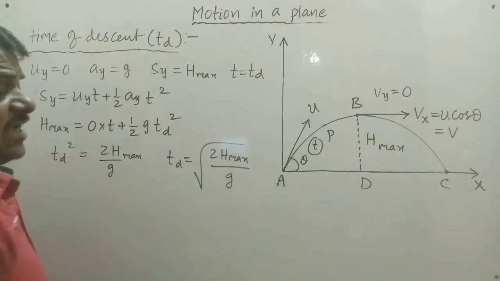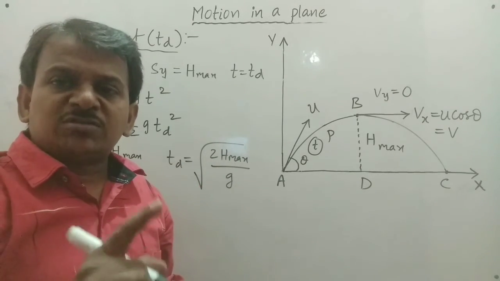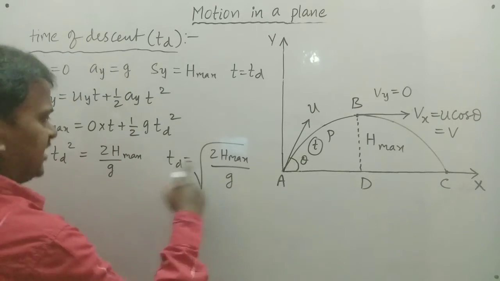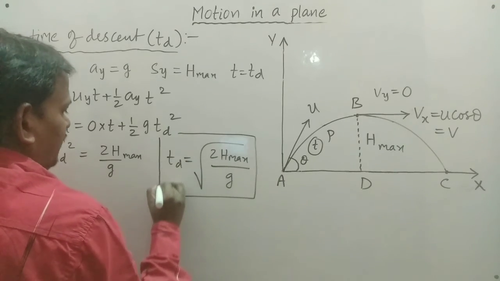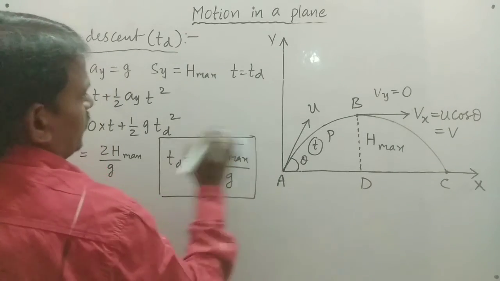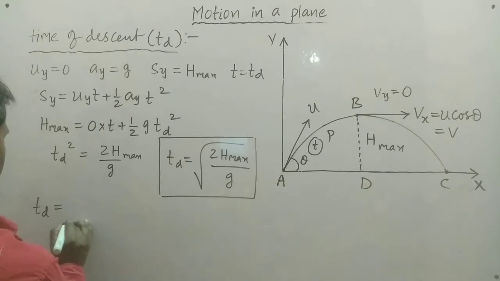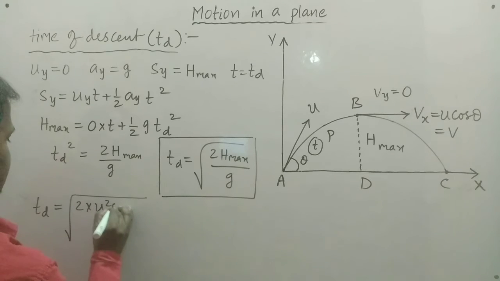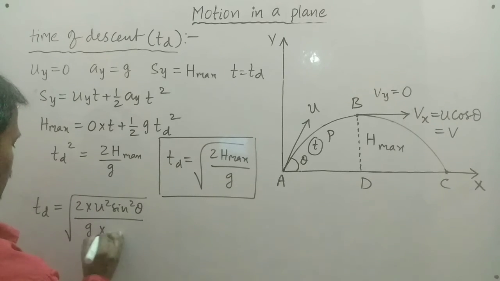What is H maximum? We have to substitute that value, u square sin square theta by 2g. This is one formula, and another formula we will also get, that is in terms of u. Now td is equal to the square root of 2 into u square sin square theta by g into 2g.